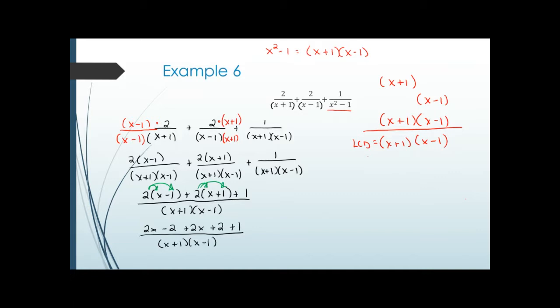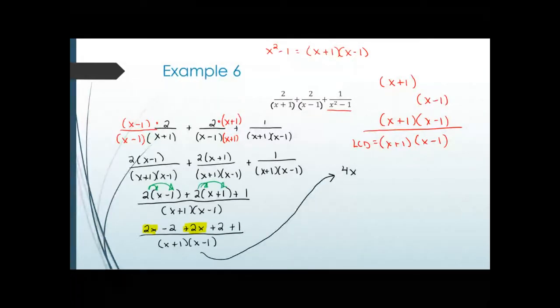And I would need to add like terms. So I have a 2x plus a 2x. Those can be combined. 2x plus 2x is 4x, so I'm going to just write that over there.